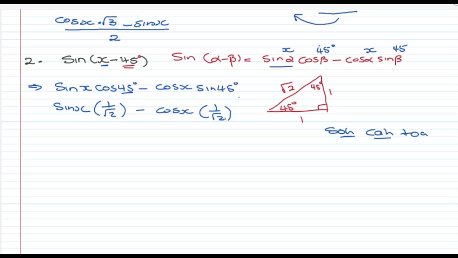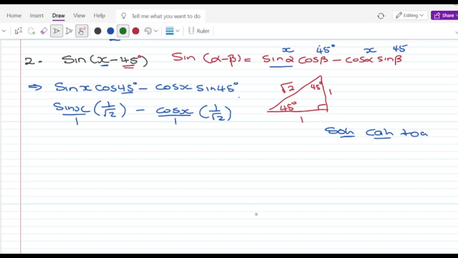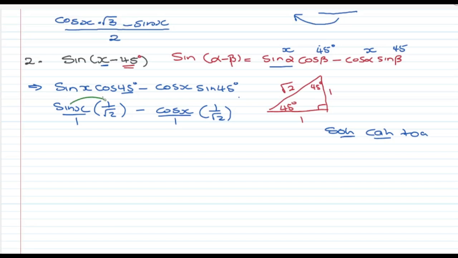Right, so remember, we are multiplying sine x with a fraction. We can say sine x is over 1, and we are multiplying cos x with a fraction, so we can say cos x is over 1. So then we do the same thing and say that you row multiply.